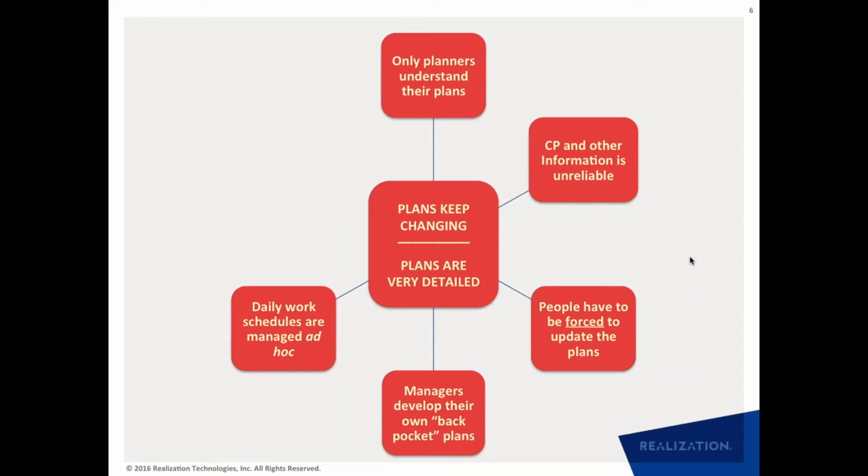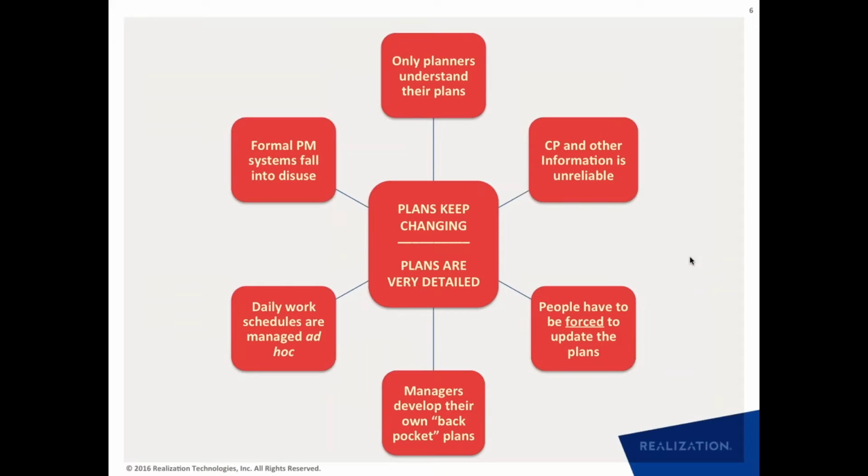You look at your own version of the plan and decide on priorities based on that, or you follow priorities based on whoever is shouting the loudest, rather than referring back to the formal project plan and deriving your priorities from there. And finally, what it all means is that the formal project management systems fall into disuse.